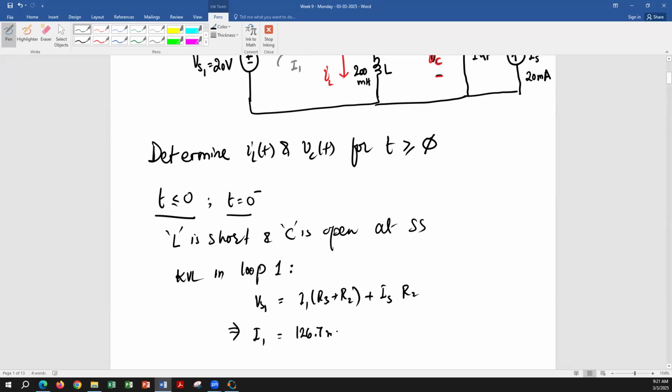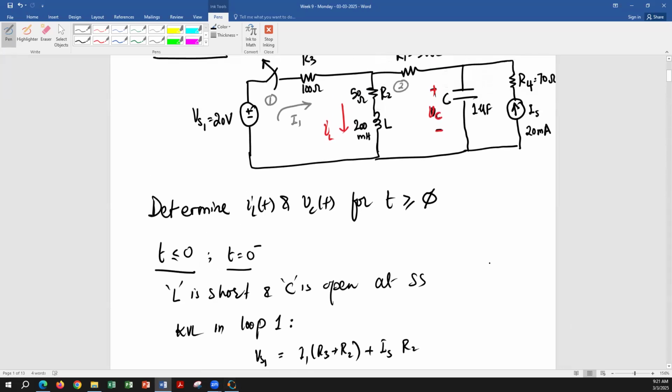All right. So now we know I1. So what will be IL? IL is I1 plus IS. Yes.